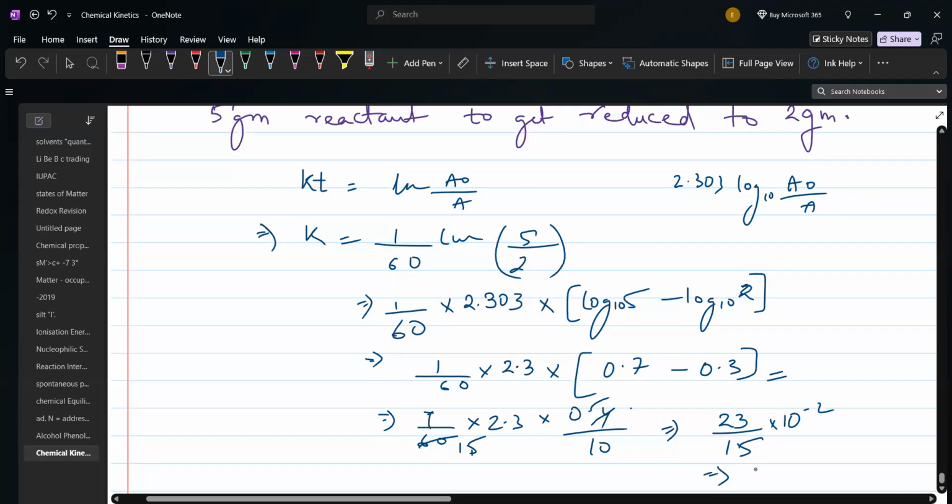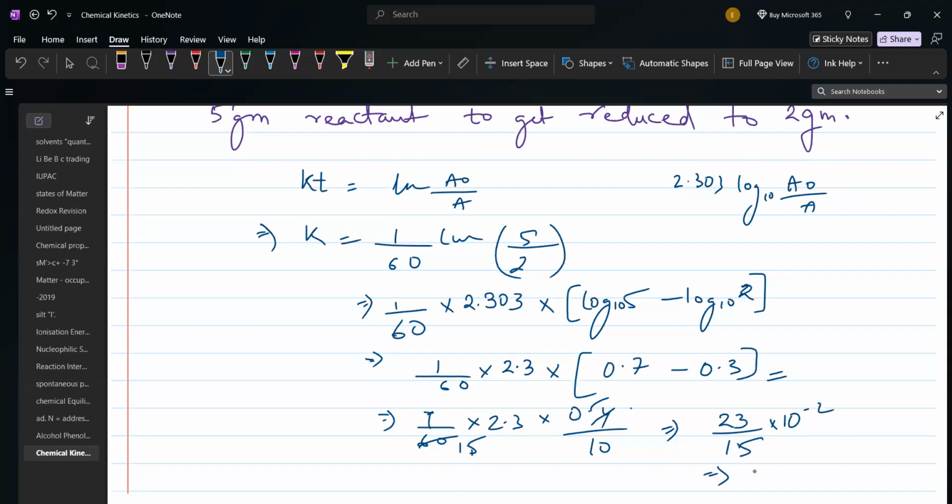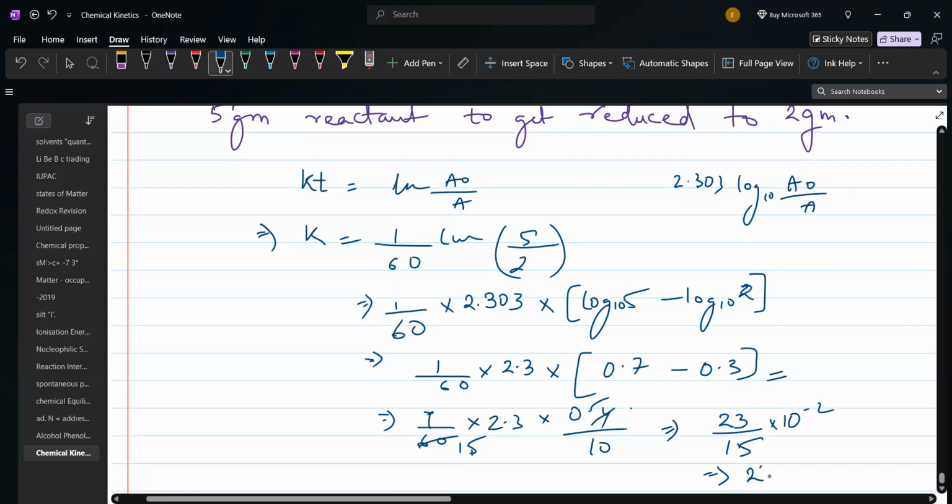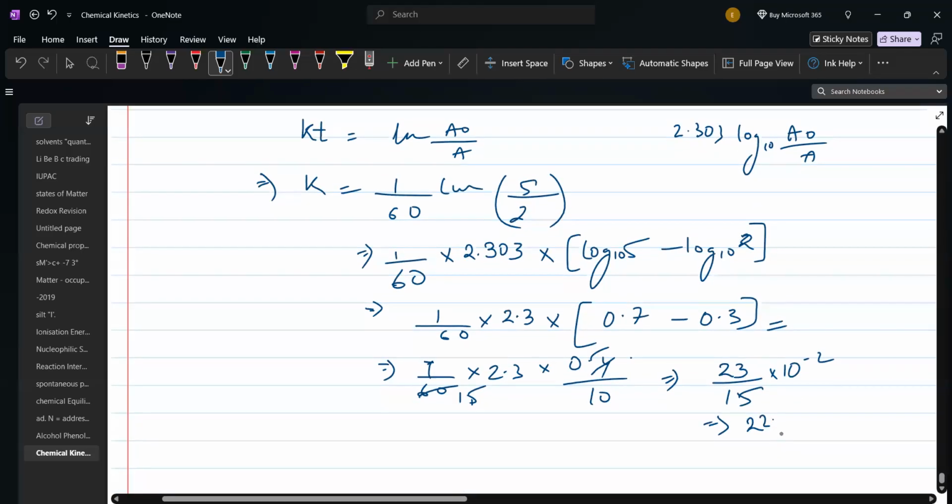So this one will be like 15. If you want to solve this, there is some calculation you can do. So you will get 15.3 into 10 to the power of minus 2.